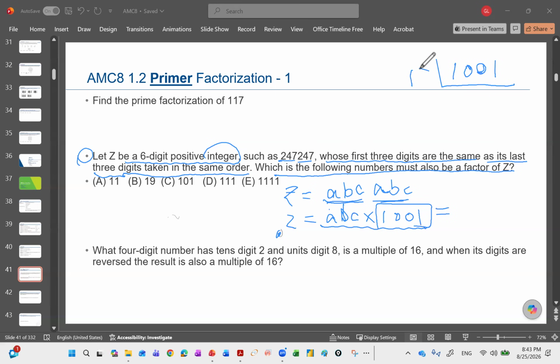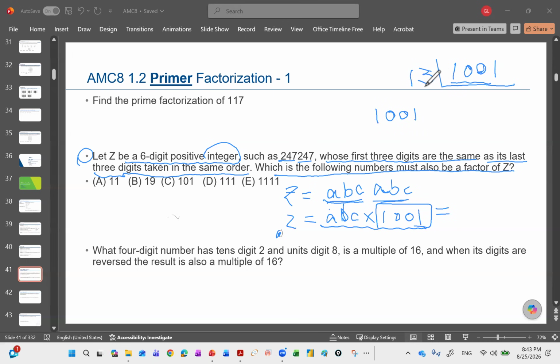What about 13? 11. 13 times 11? Oh, it can be divided by 11? Yeah.